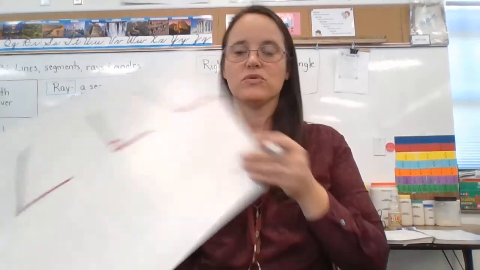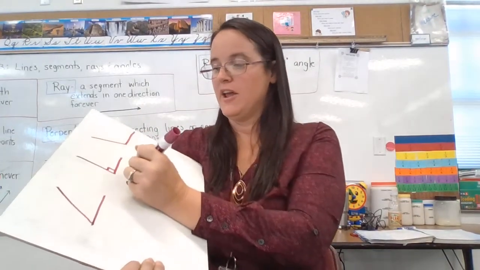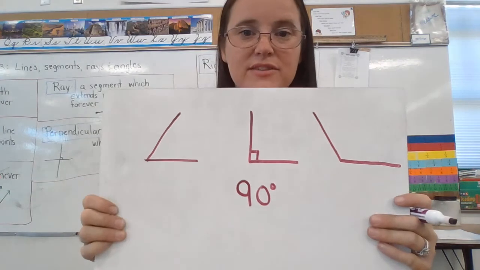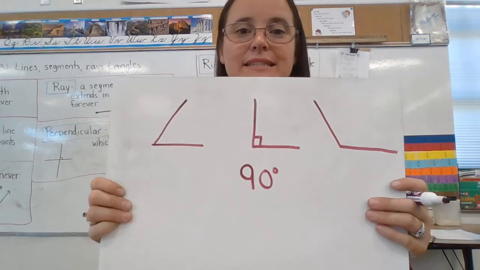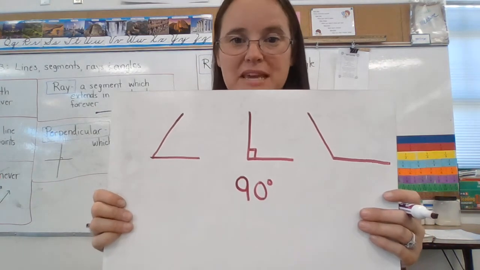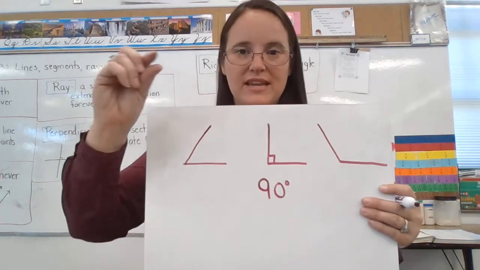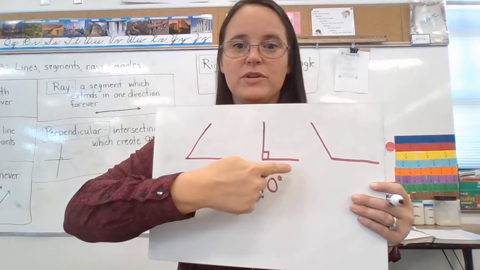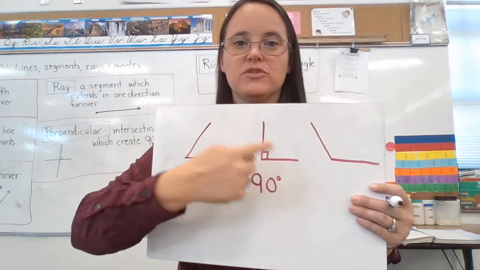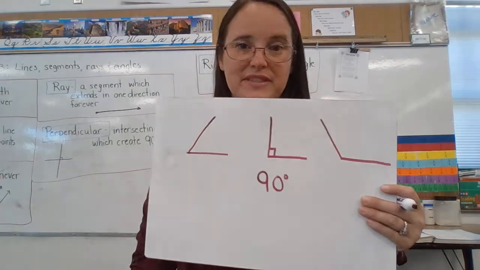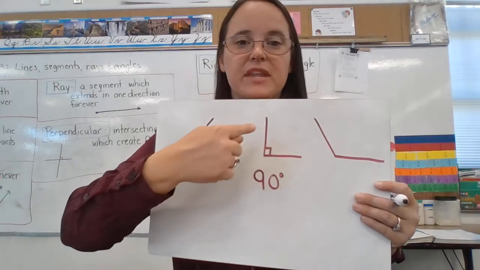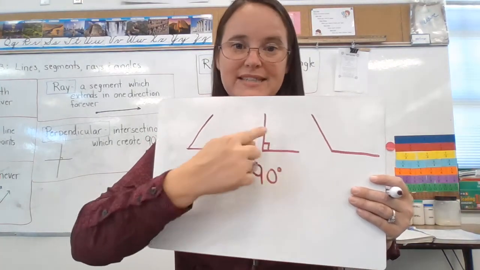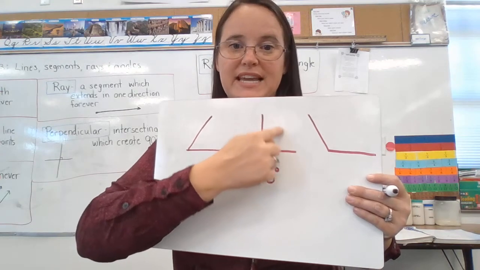So when I say degrees, let me write it. We write it just like we write temperature. 90 degrees with that little circle symbol. Degrees are what we use to measure angle. Each degree is a little tiny piece of space, and we use something called a protractor, which you'll be looking at a little bit later in this textbook. And the protractor tells you exactly how many degrees this amount of space takes up.